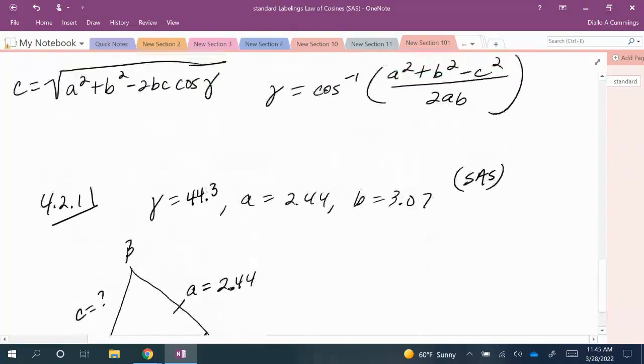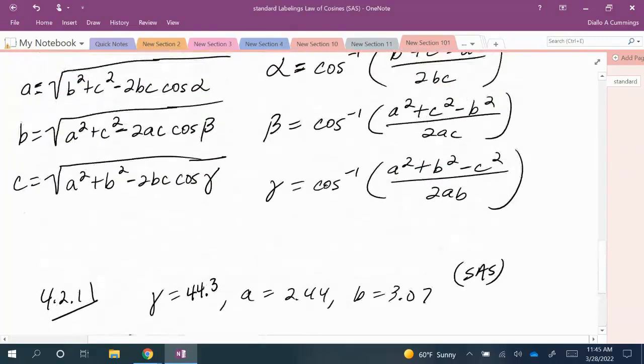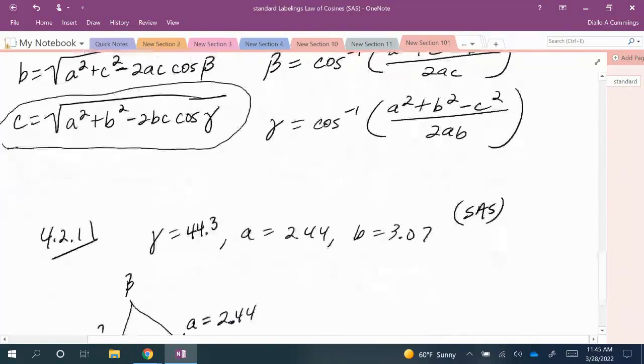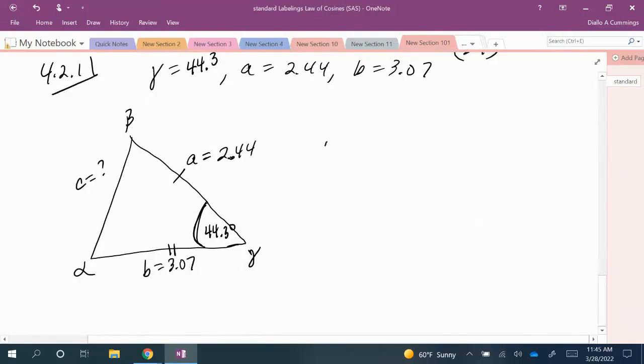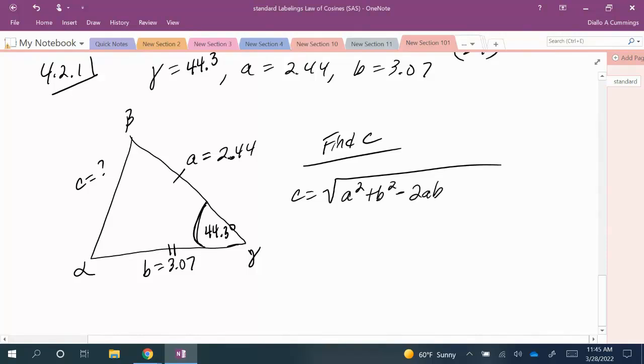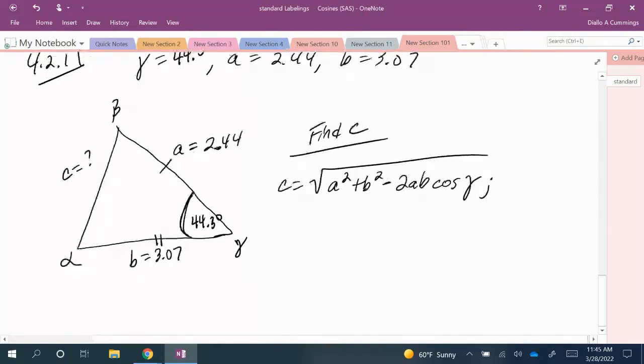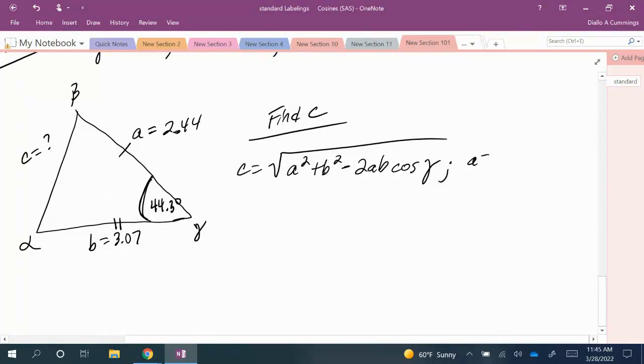So if I take a look back at our formulas, this is the formula that we're going to use. Okay. So I'm actually just going to write that. So we're asked to find C. So C is equal to the square root of A squared plus B squared minus 2AB times the cosine of gamma. A is equal to 2.44.